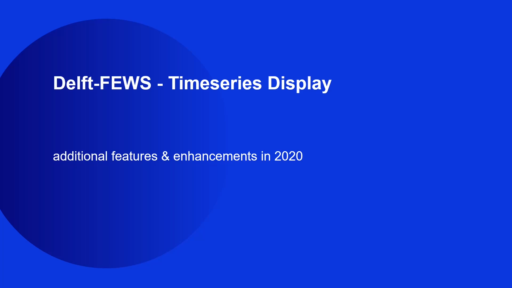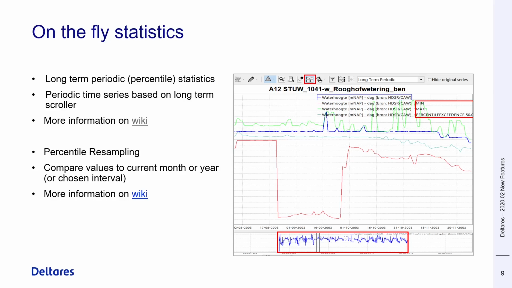So there are some features that I did not present during the demonstration. I'll quickly go over a few. There's on-the-fly statistics related to long-term periodic functions. This is an additional statistic type that has been added, and it adds periodic time series based on the long-term scroller.